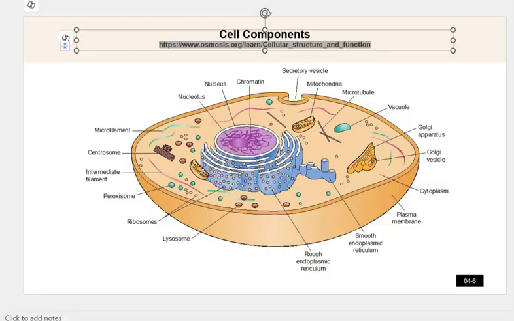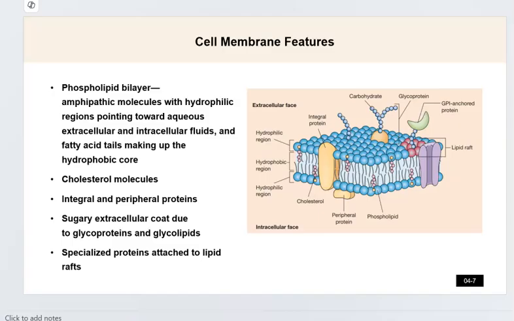Box 4.1, I think, is a good thing to review for the cell membrane features. Okay. Remember, the cell membrane can also be called the plasma membrane, and in future courses, you can hear it referred to both ways. But the cell membrane is a complex phospholipid and cholesterol bilayer. Remember, the hydrophilic or polar, the water-happy regions of the phospholipids and the cholesterol face outward to the extracellular and intracellular fluids.